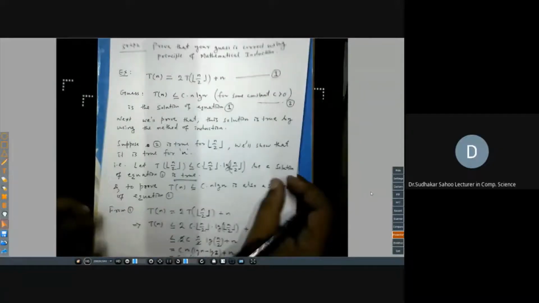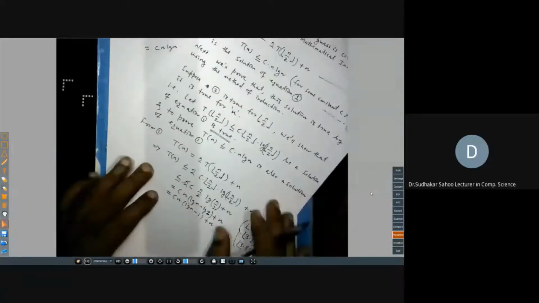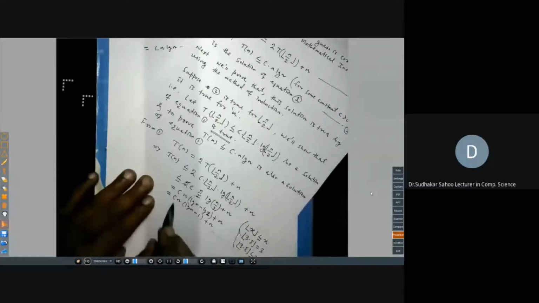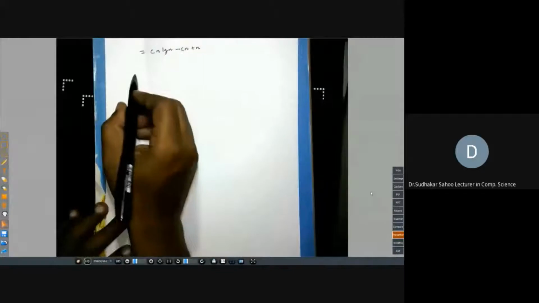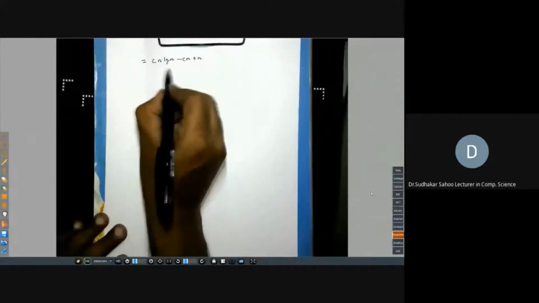So this was the previous case. So C plus n that I have written. Right? You can take common.